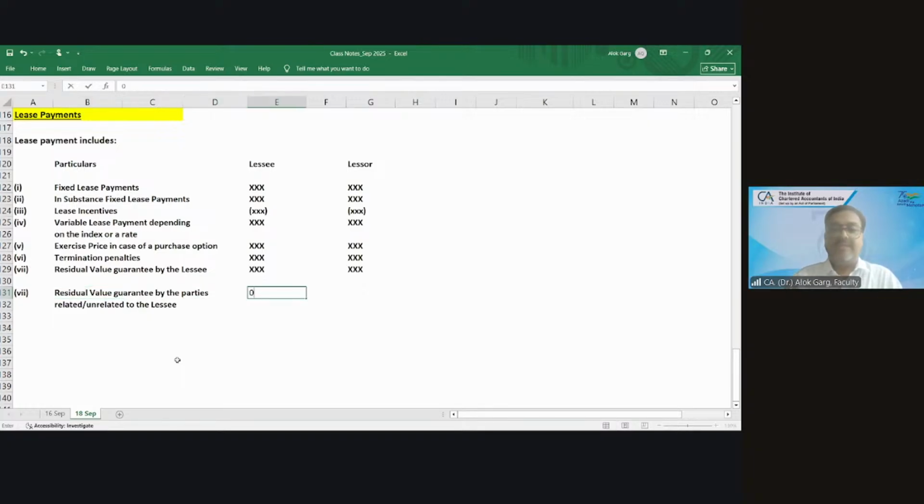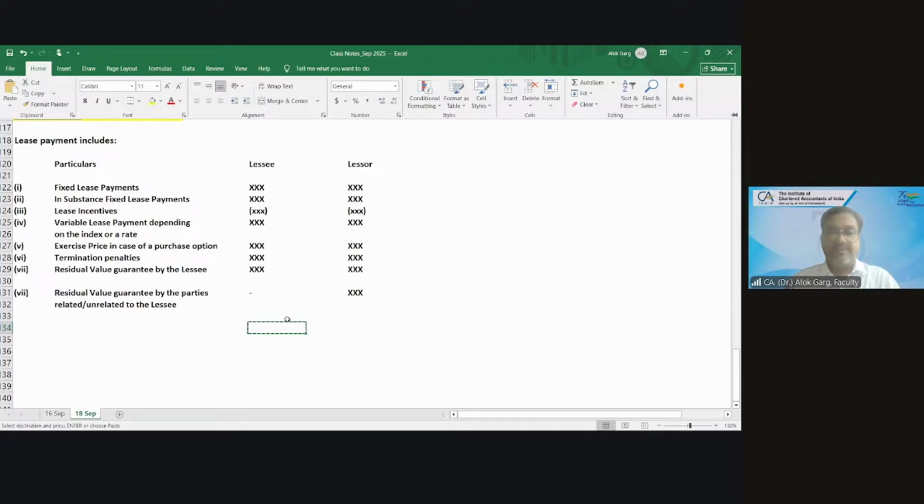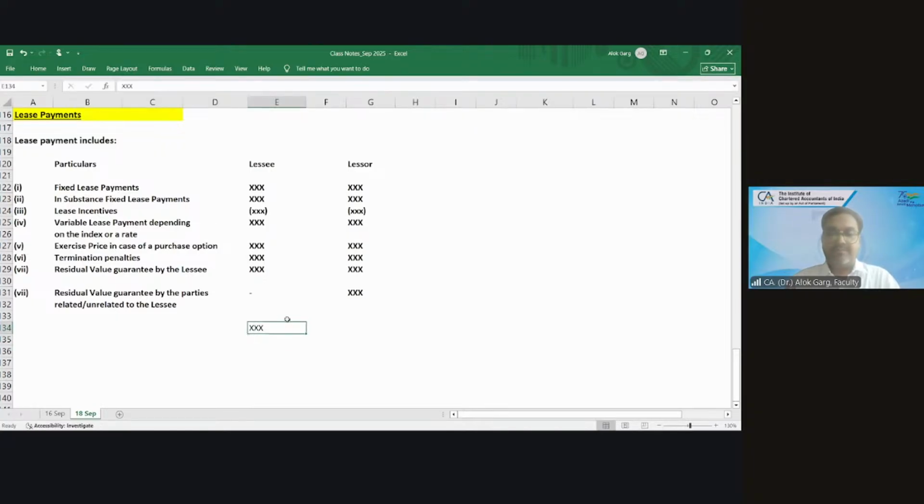In this case, from the lessee perspective, this will not be considered, because if somebody else is giving a guarantee, then it is not considered in the lease payment from the lessee perspective. But from the lessor perspective, it will also be covered. So this total will be considered as a lease payment.